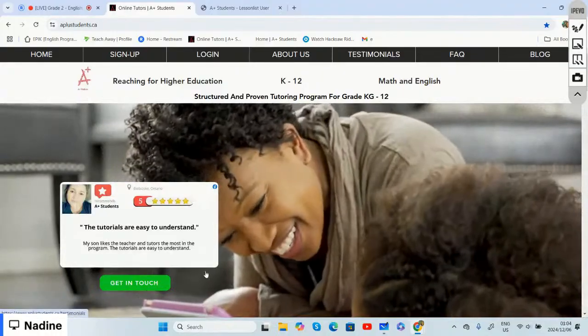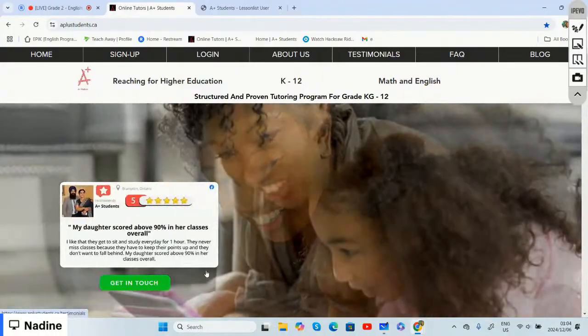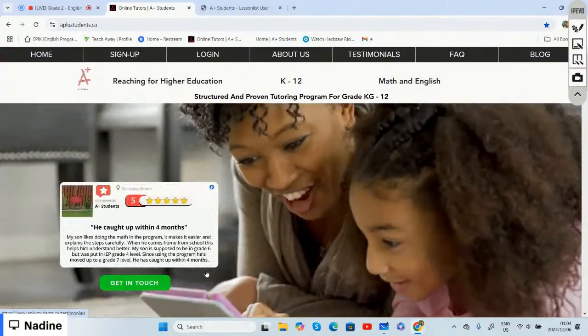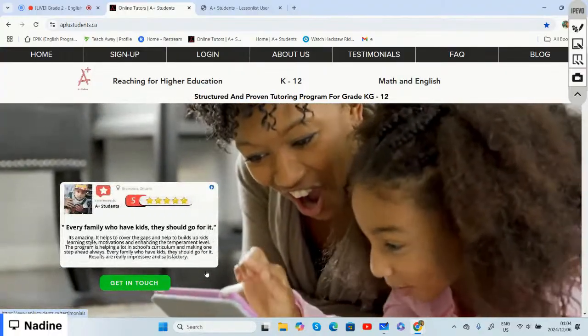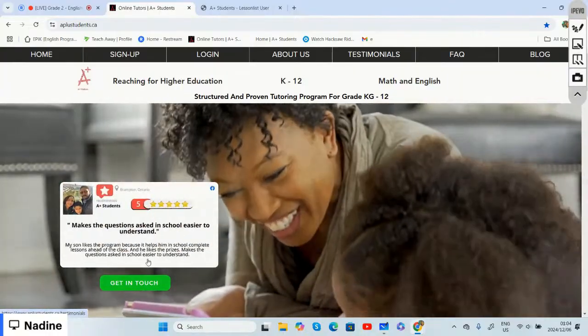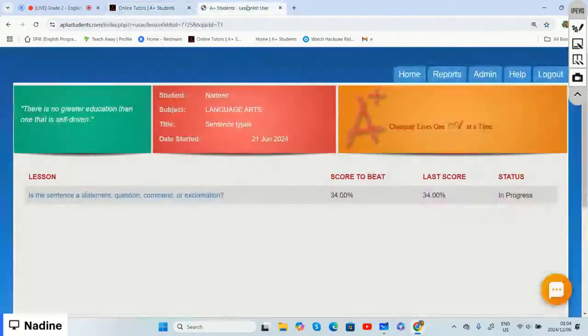We're doing grade 2. And then we're going to scroll down up until we get to our chapter of sentence types.